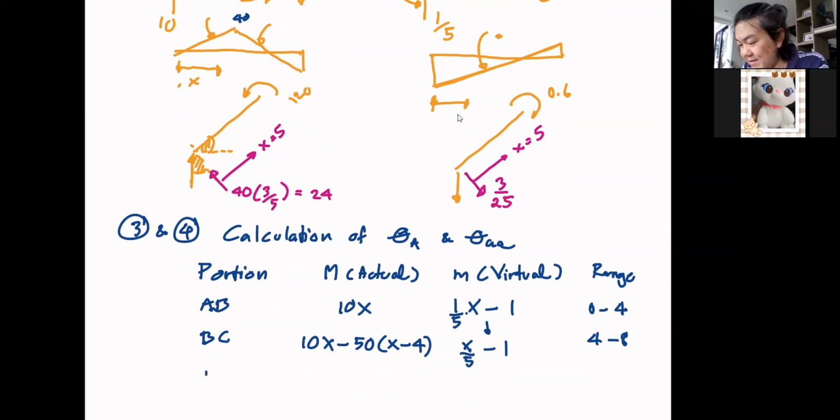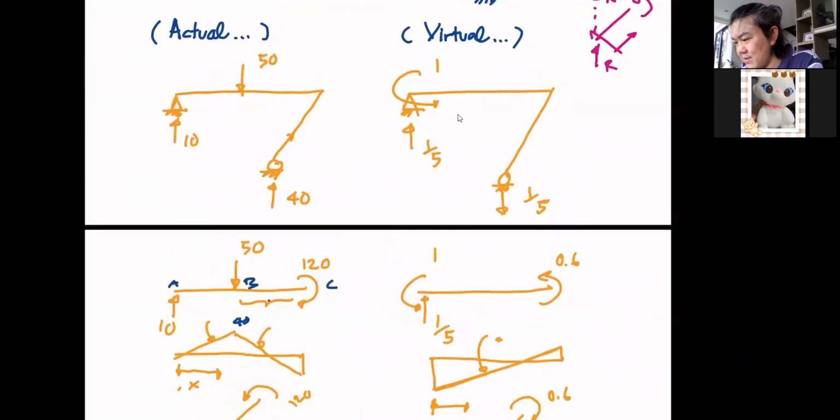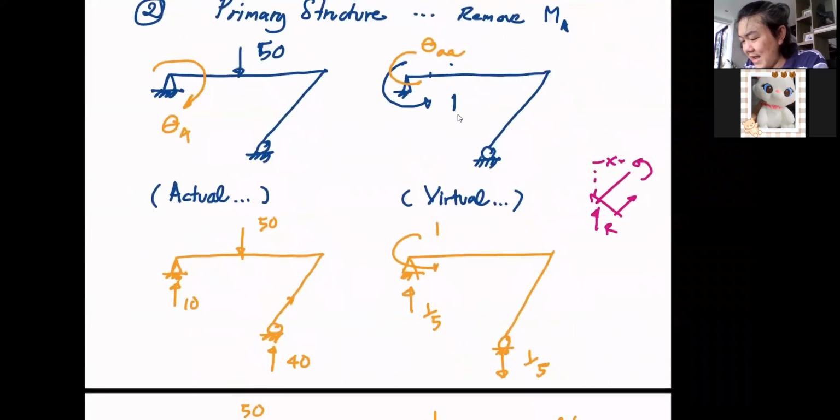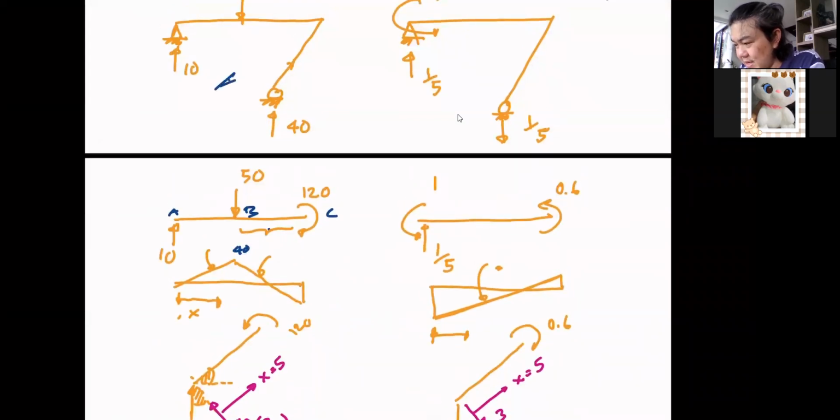And now the last portion, CD, and let me write DC so that you know I start everything from the free end D. And now we have 20, let's say, because I prefer to look at the beam or the frame from inside. That's how I do it. So if I stand here, I should use this one, or maybe this one. If I stand here and look inside, I see this as a positive moment going up, and I will see this as a negative moment coming down.